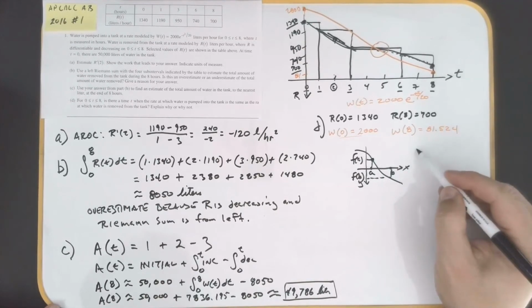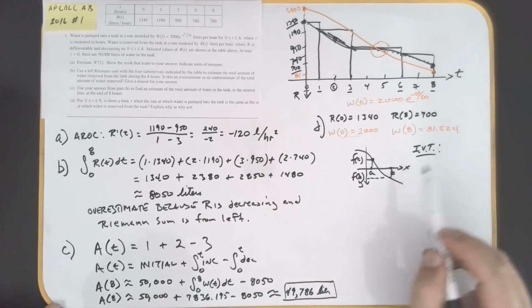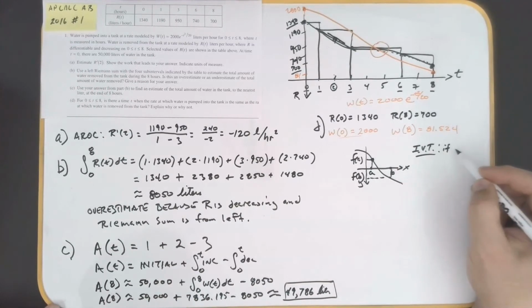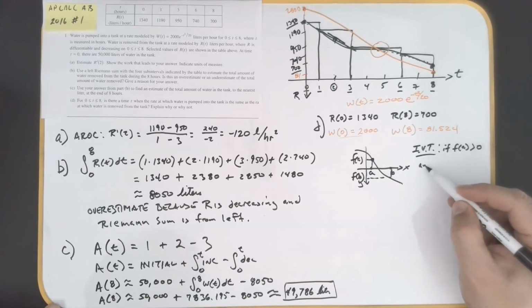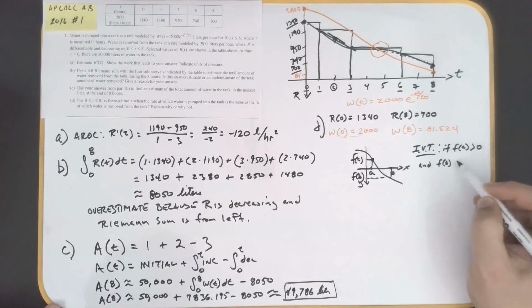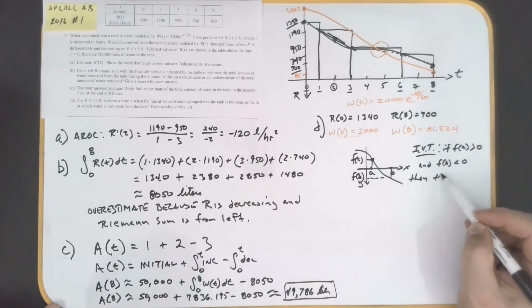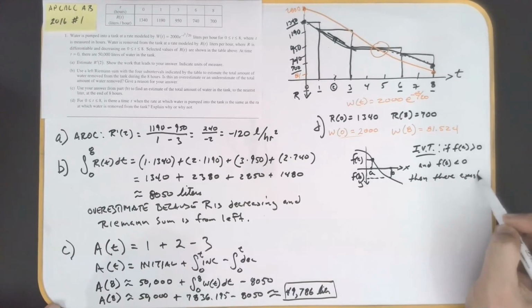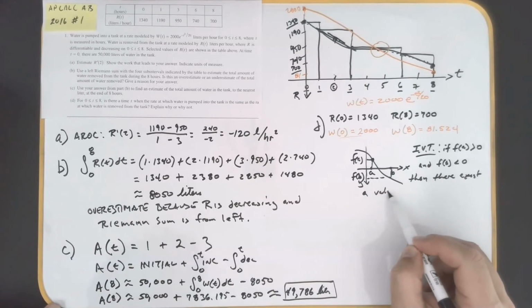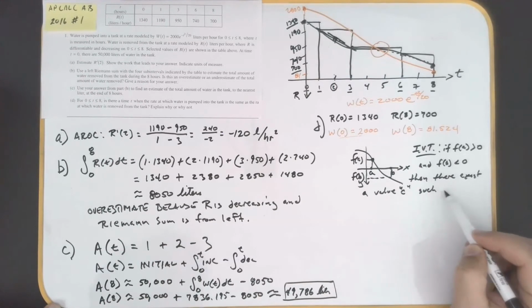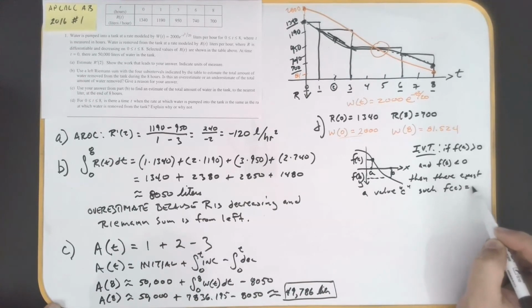And the intermediate value theorem says, given an interval from A to B, if f of A is greater than 0, and f of B is less than 0, one's positive, one negative, then there exists a value C in the interval A to B such that f of C is equal to 0.